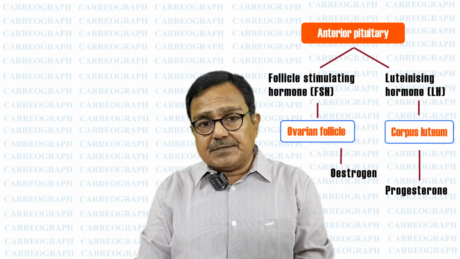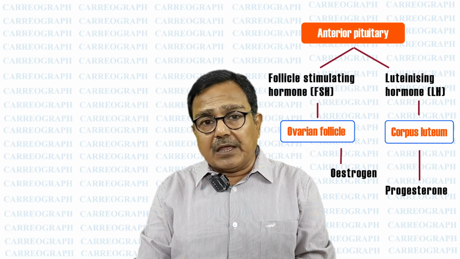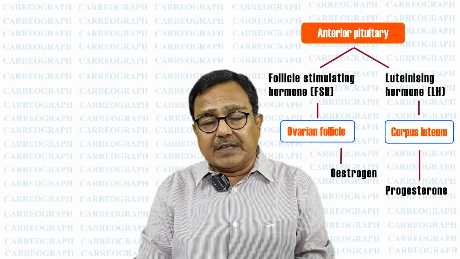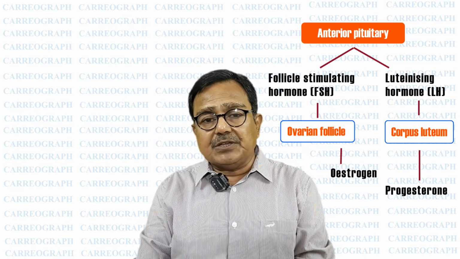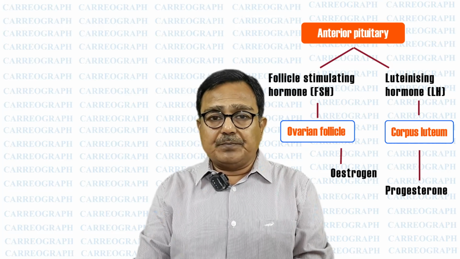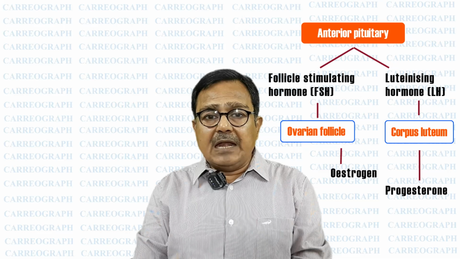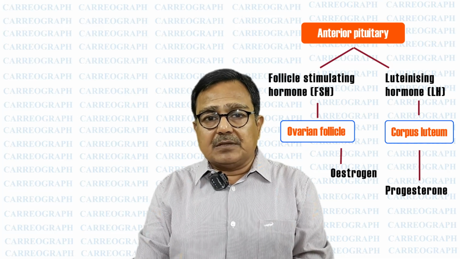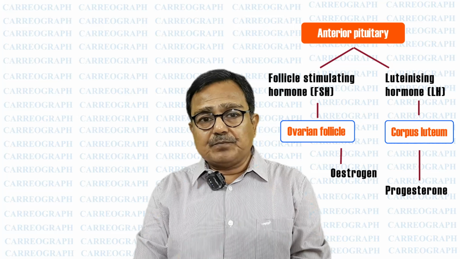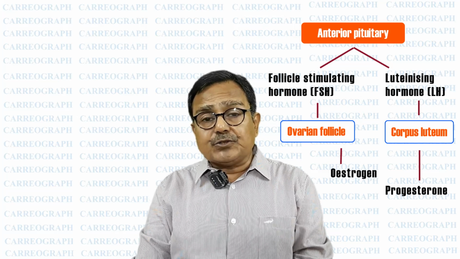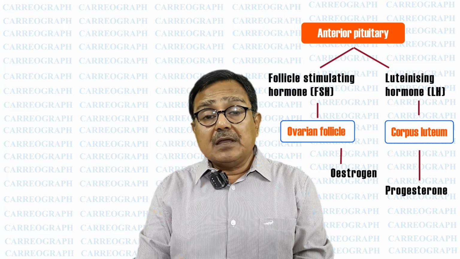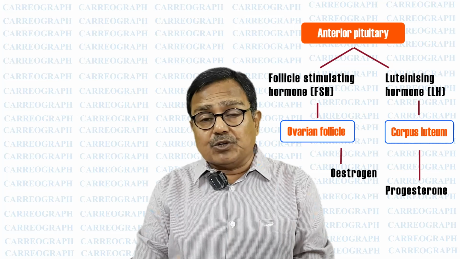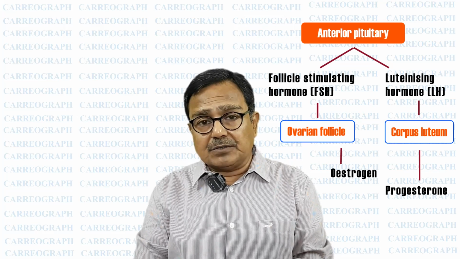The name itself says follicle stimulating. The follicles in the ovaries get stimulated under the influence of FSH. And 10 to 15 follicles each month start maturing. And also they start producing the hormone estrogen, the female hormone.